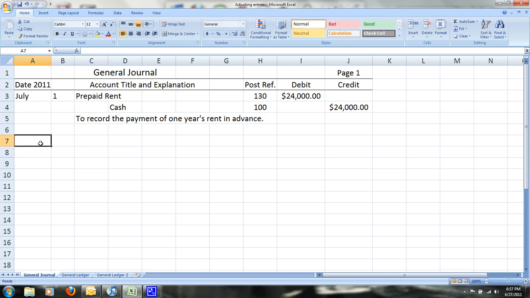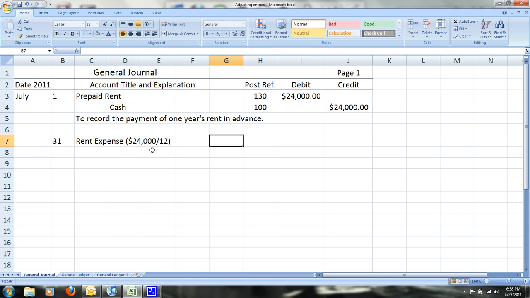So now we're going to say it's July 31st, and we've used up 1 month's rent already. So we're going to create the rent expense account. Okay, and for that, your rent is $24,000, and all you do is divide it by 12 months in the year.